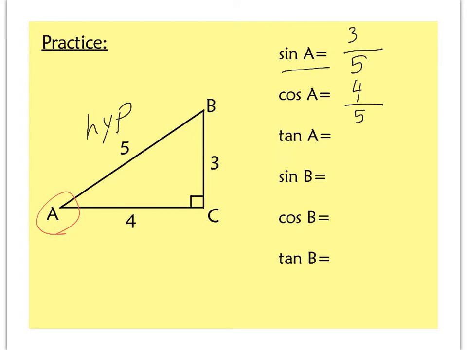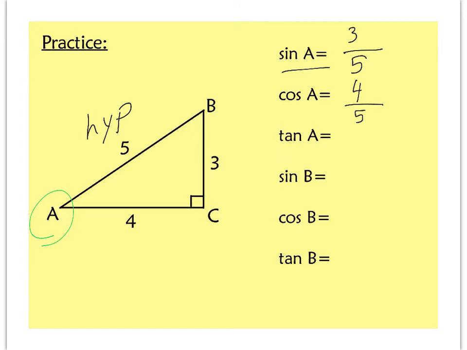So we go to tangent of A. Tangent A: tripping on apples, or something else if you really feel the need. TOA: tangent, opposite, adjacent.